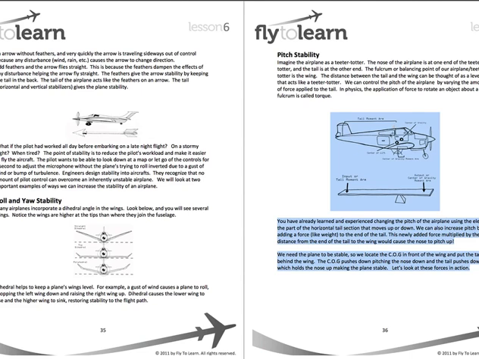Right here. I'm going to blow that up again. All right. If you look at it, there's the tail moment arm. The tail moment arm is the distance between the center of lift to the tail, and that balances the center of gravity moment arm, which is from the center of lift to the center of gravity.